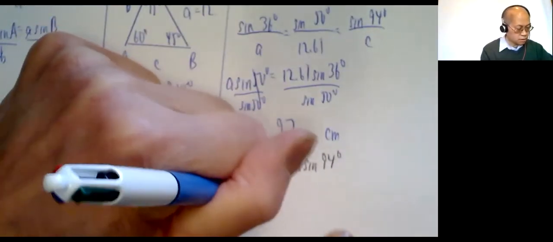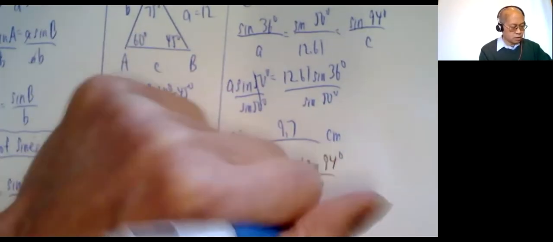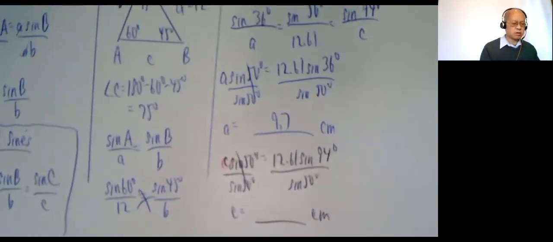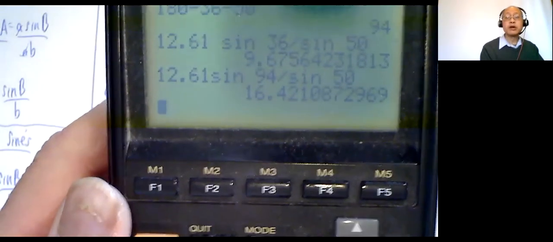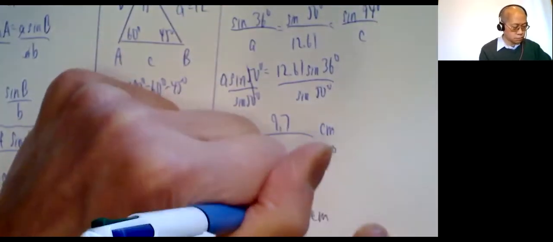Divide by sine 50, cancel, cancel. So c is so many centimeters. 12.61 sine of 94 divided by sine of 50. 16.4. And there we go.